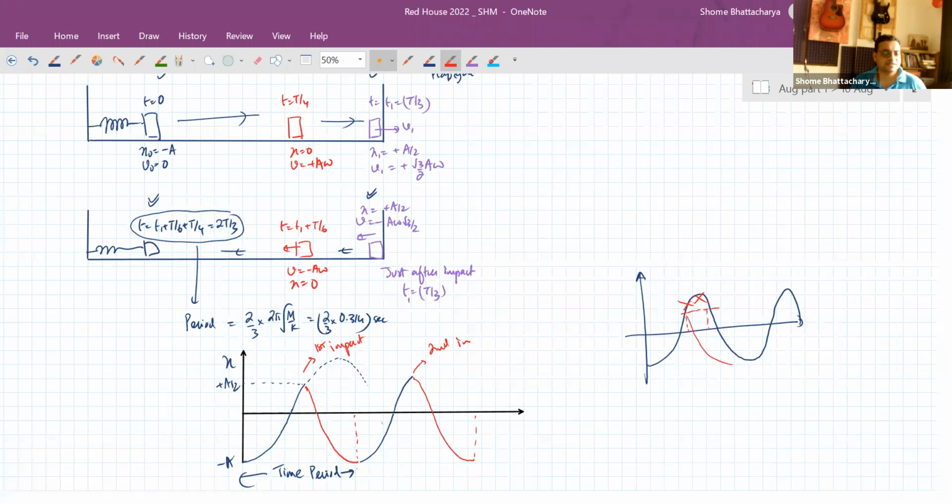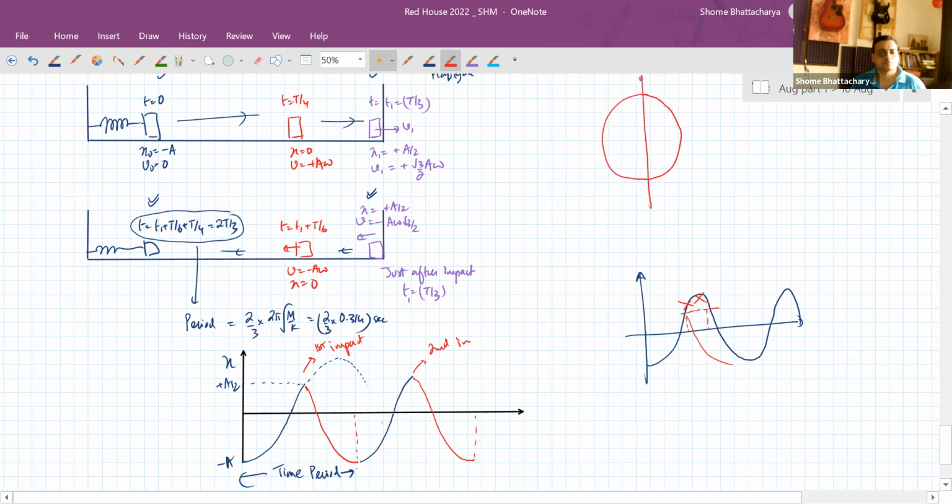So mind you, this will not be an SHM. Because look at what is happening here, just visualize this way. This is where it started from at t equal to 0. Then this is where the first impact happened. And then just after the first impact, it's here.